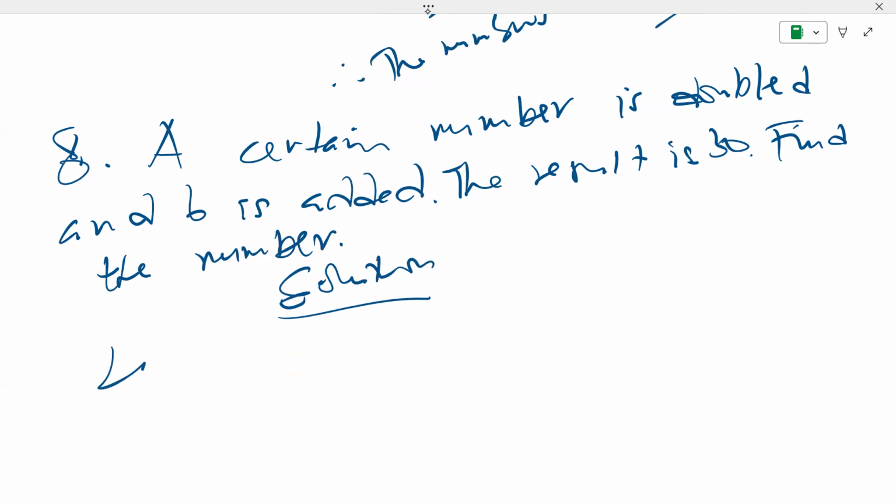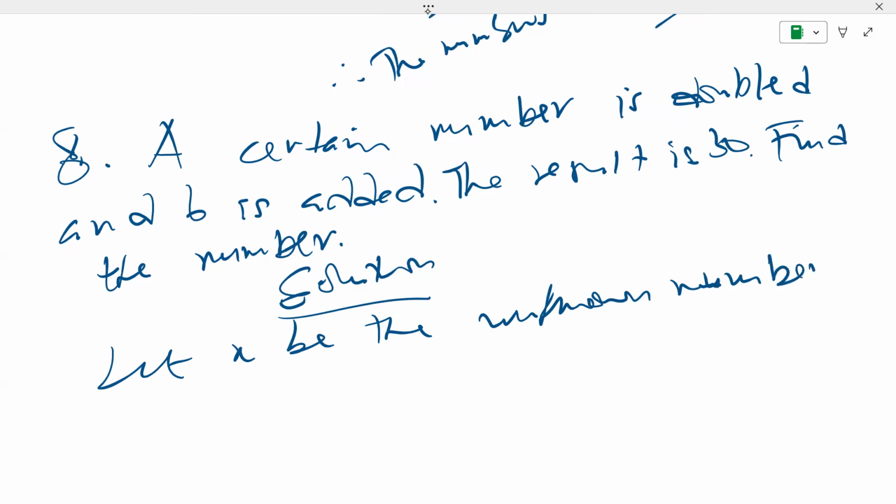So here we say that let x be the unknown number. If that is the case, then the unknown number doubled plus 6 will give us 30. So we now solve for our x.